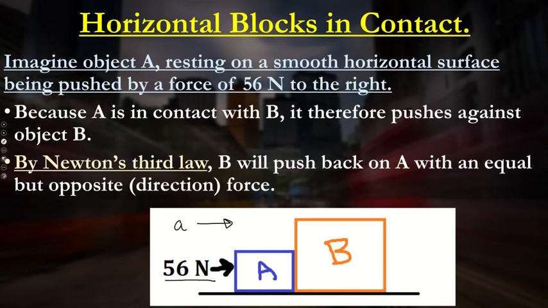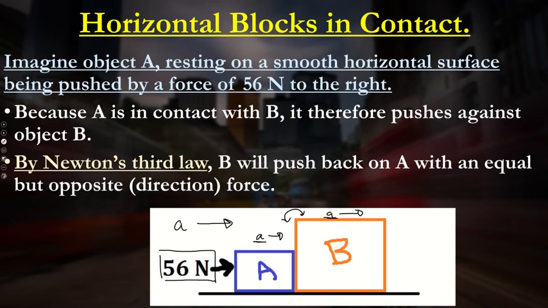Which means, now that I know what this force is, I can work out the acceleration for A and B. Because these two are connected to each other, the acceleration of A will be the same as the acceleration of B. So that's Newton's second law, okay?